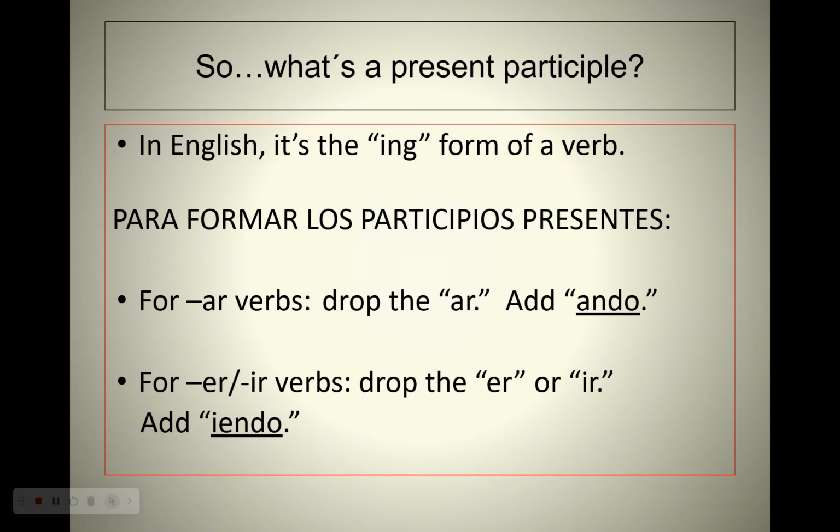For ER and IR verbs, corta or cut off, la ER o IR, the ER or IR, and you're going to add iendo, I-E-N-D-O. So, por ejemplo, el participio presente del verbo ver is viendo, V-I-E-N-D-O. Ver is to see, viendo, seeing. Y el participio presente del verbo ocurrir, to happen or to occur, is ocurriendo, happening or occurring.